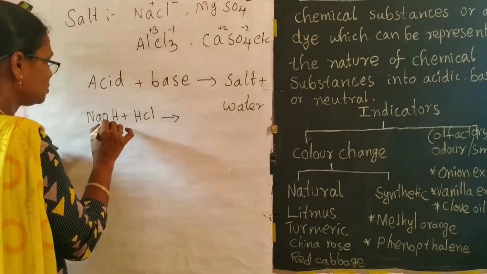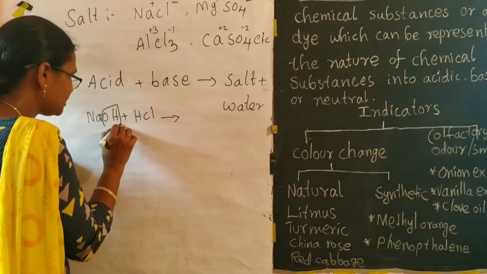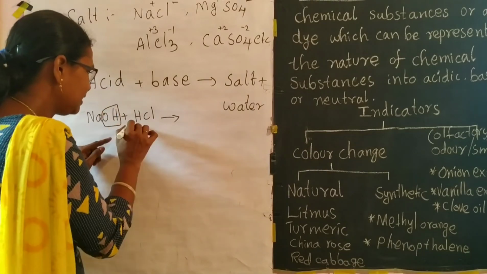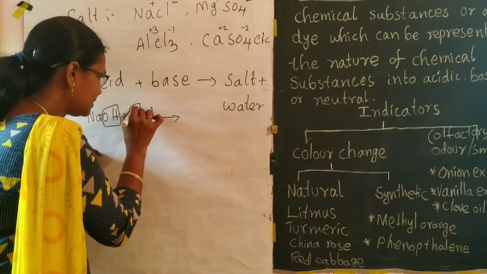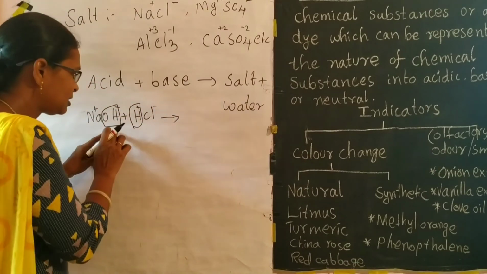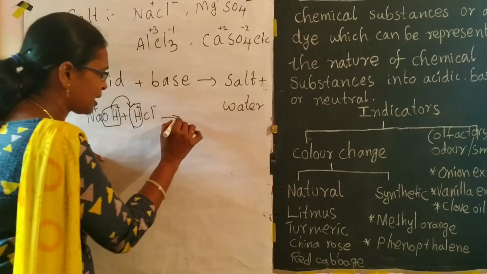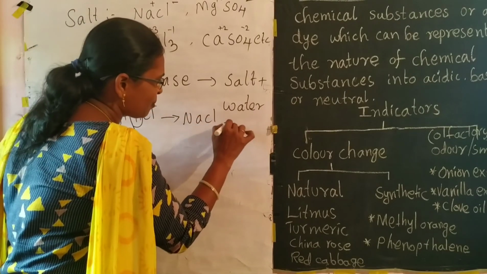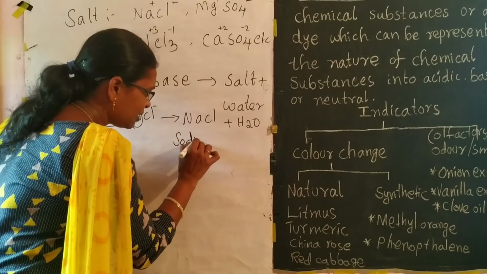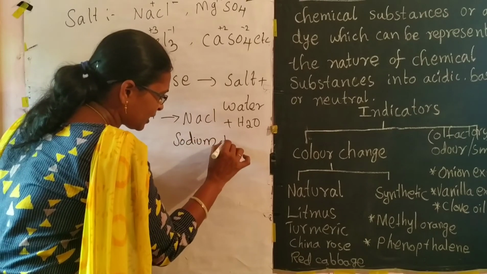Here the base has the hydroxyl ion, OH minus, and here H plus, Cl minus. The H plus and OH minus combine to form a water molecule, and this we commonly call sodium chloride.